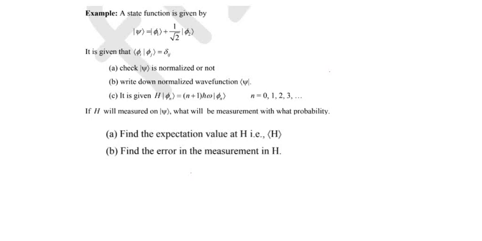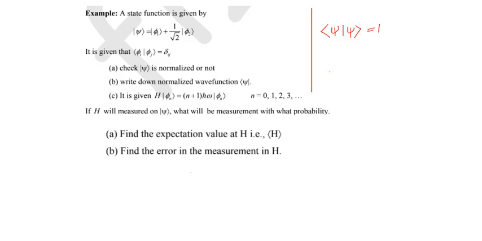Just simply use the above conditions. Okay, so how to check whether psi is normalized? You have to find <psi|psi> equal to 1. When it is equal to 1, it is normalized.